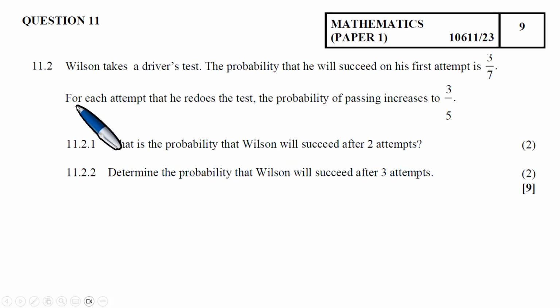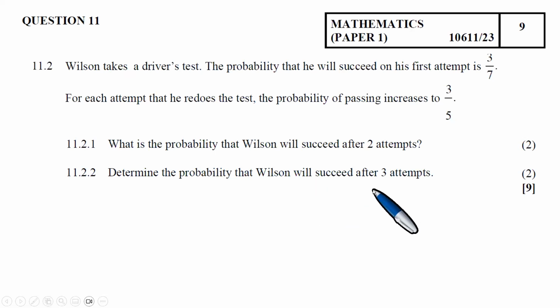For each attempt that he redoes the test, the probability of passing increases to 3 out of 5. What is the probability that Wilson will succeed after 2 attempts? Determine the probability that Wilson will succeed after 3 attempts.